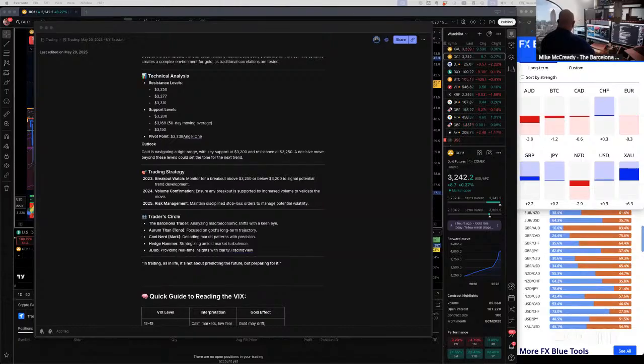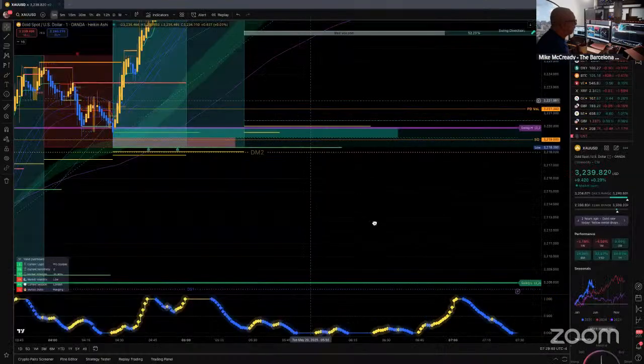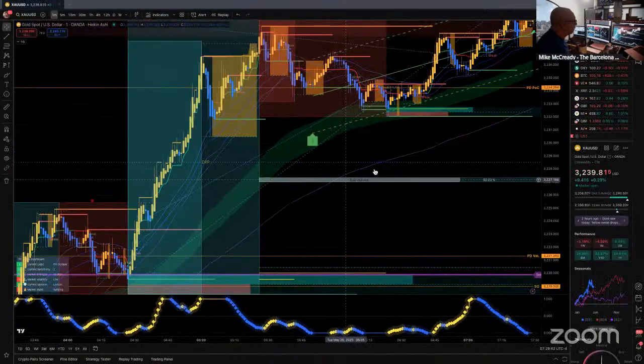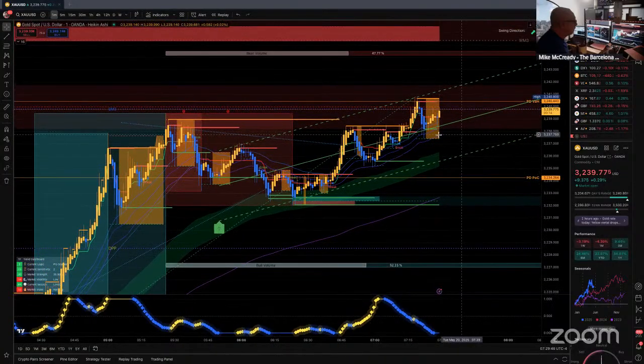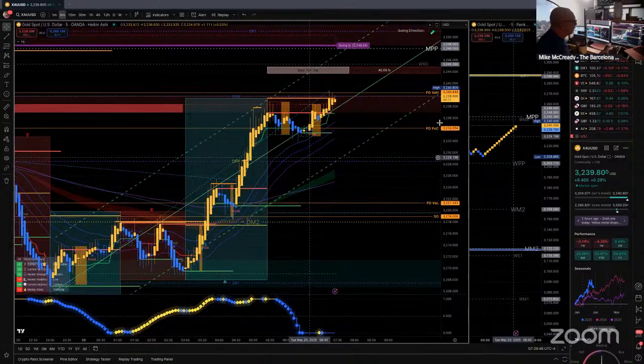I'm just checking all of my indicators here on MT4 as well as TradingView. Have the 1 minute chart here. We have the 5 minute chart.